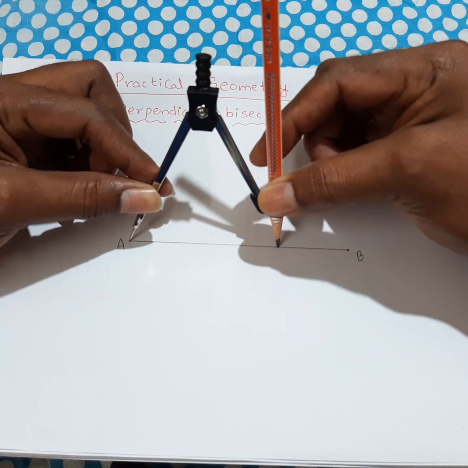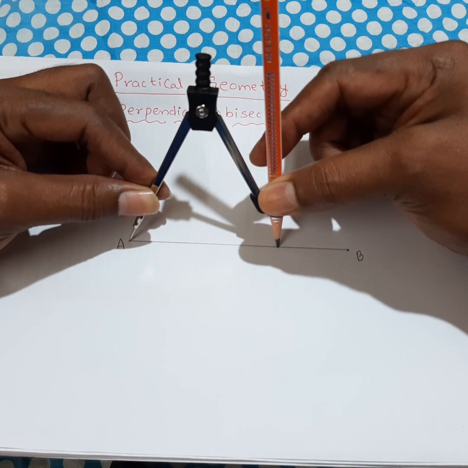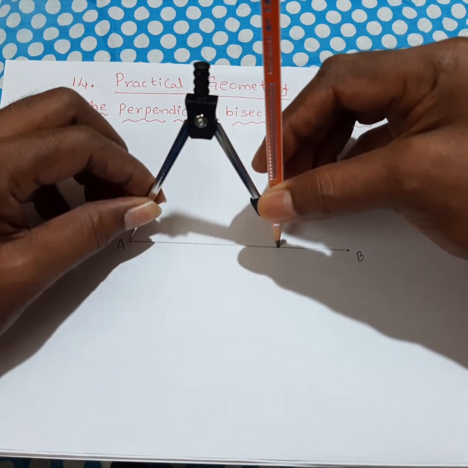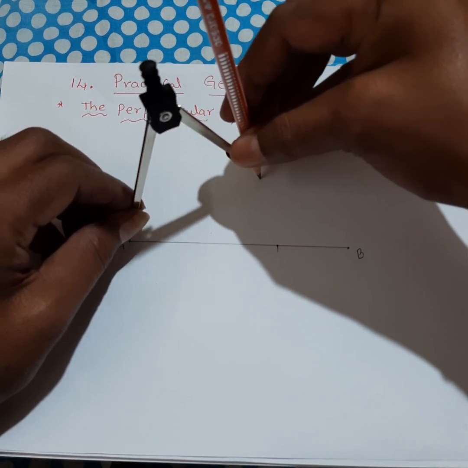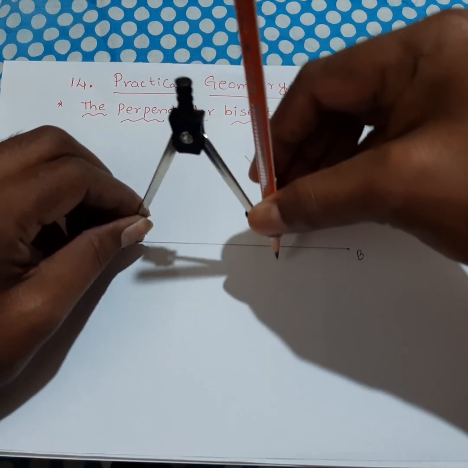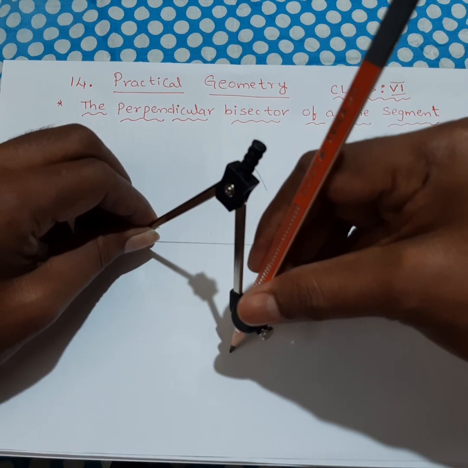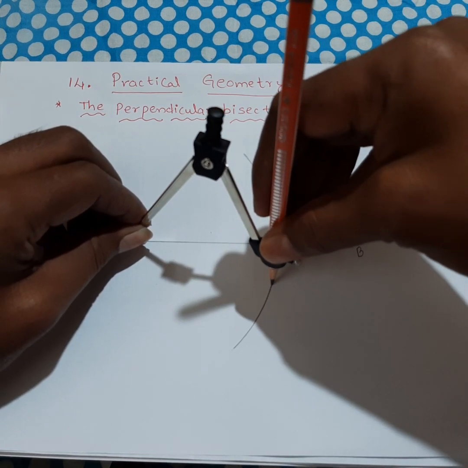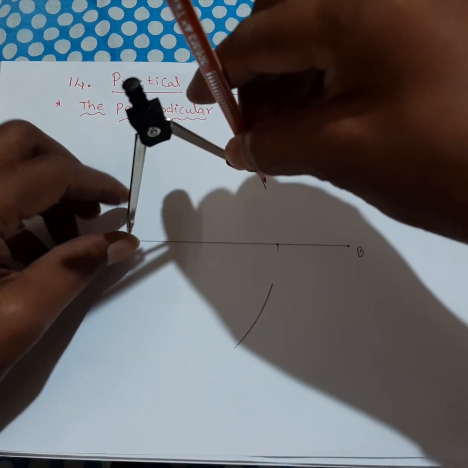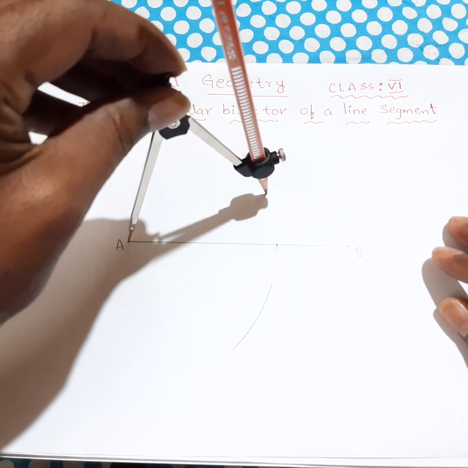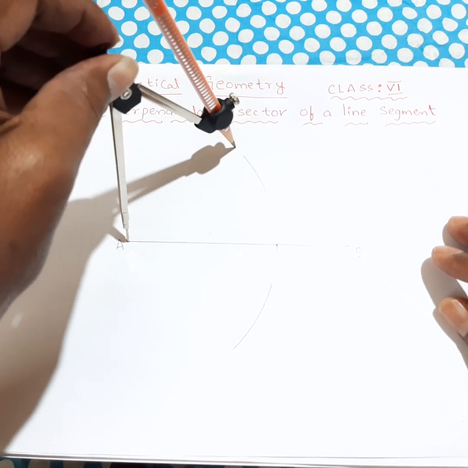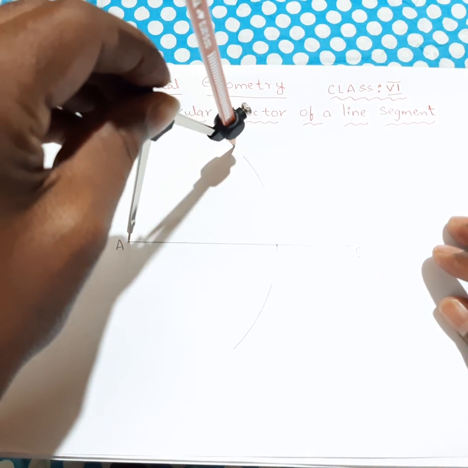See this here, this is more than half of the length of line segment AB. Now draw one arc above the line, and one below the line segment AB.